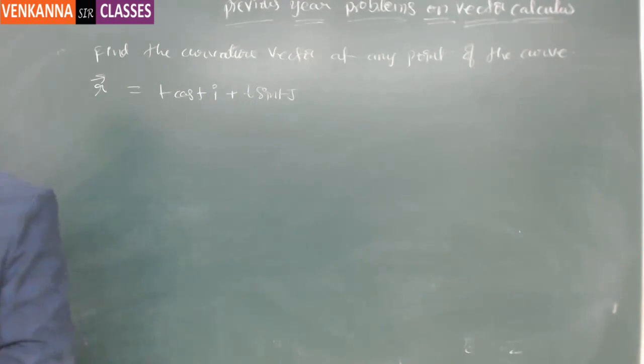So find the curvature for this. Got it? So you can try this. This is just finding the V value and A value, that is the first derivative and the second derivative, and then calculating V bar cross A bar divided by modulus of V bar cube.